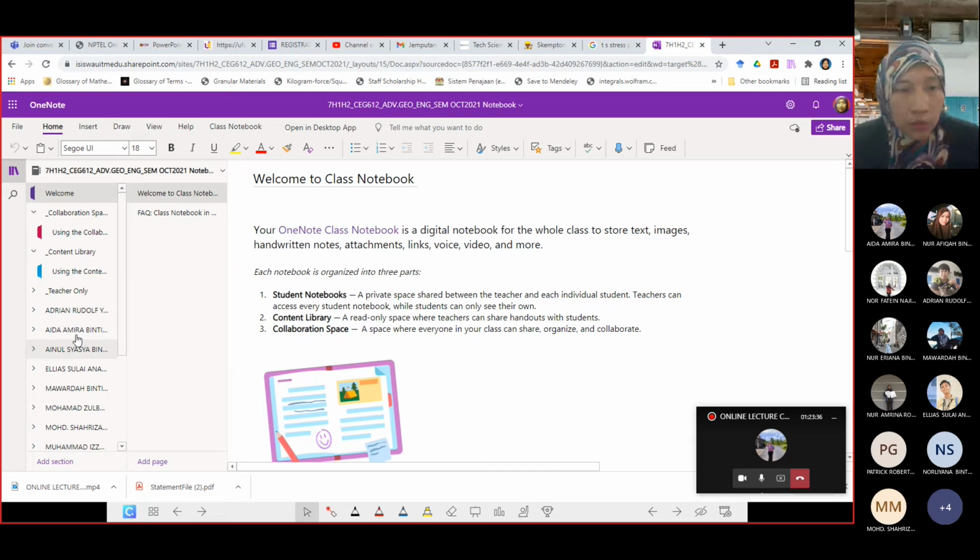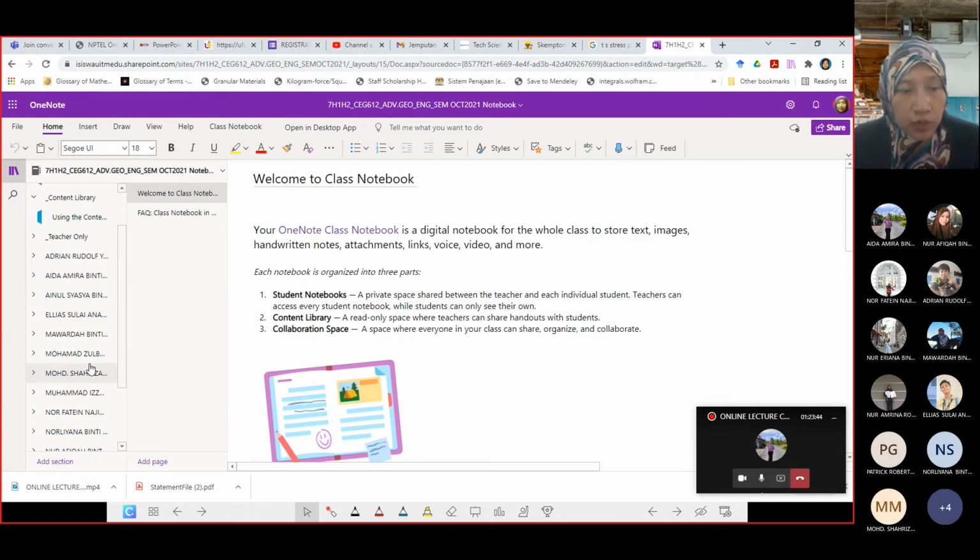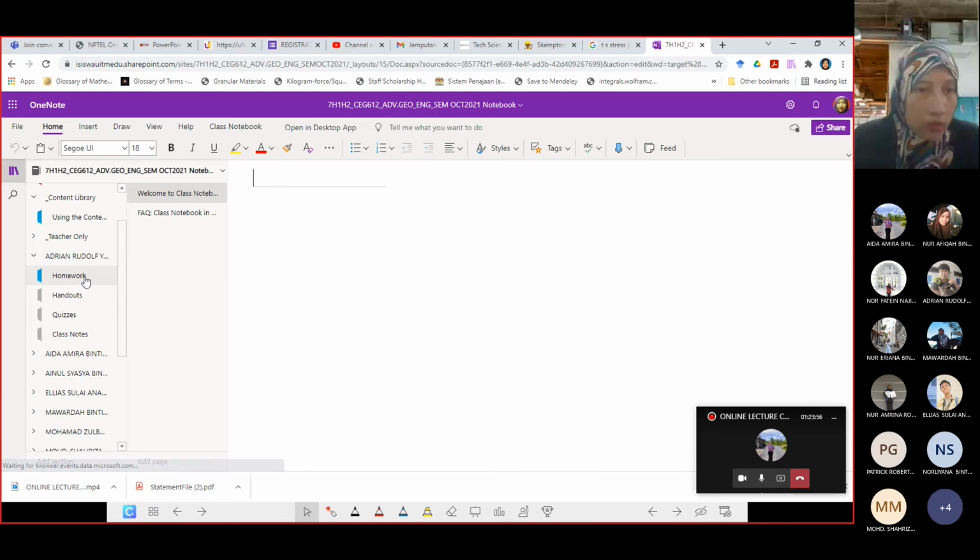So sementara nak tunggu jawapan tu, every one of you can go to OneNote Classbook. To those who cannot submit dalam UFuture, you go here class notebook ni, find out your folder's name and then carilah nama, contohnya Adrian. Adrian can place your attachment learning activities tu dekat homework for example. Okay, you letaklah week berapa.